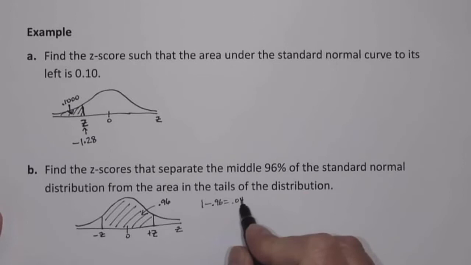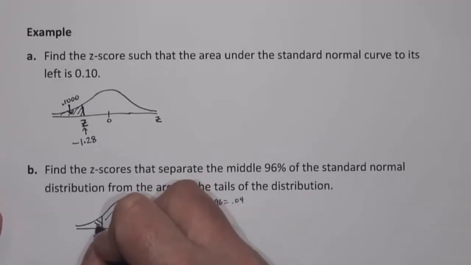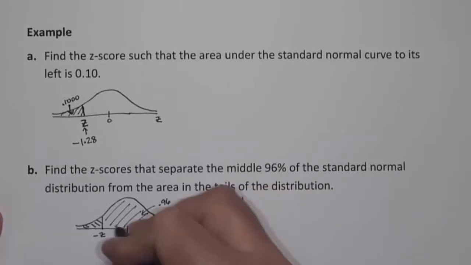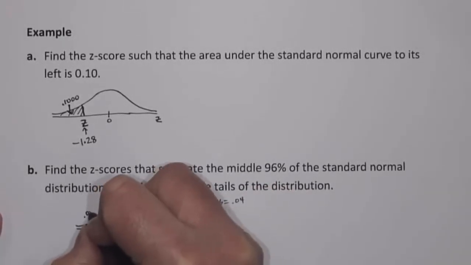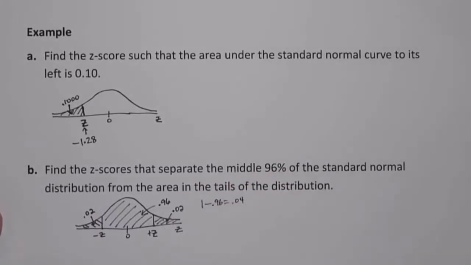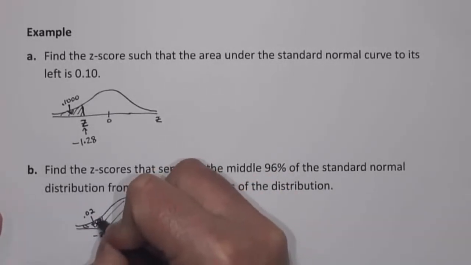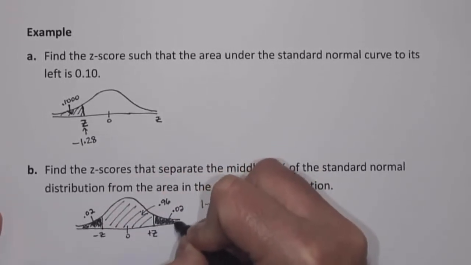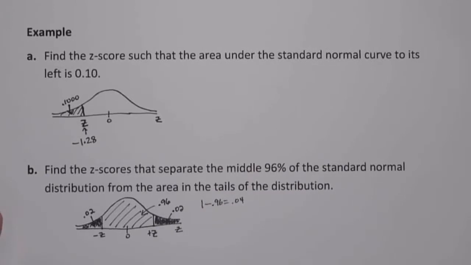Half of that 0.04 is going to be in this tail, and half of that 0.04 is going to be in this tail. Half of 0.04 is 0.02, so this area and this area each is 0.02. Now these two values are going to be the same value, except this one's going to be negative and this one's going to be positive. So if I find one, I really have both.